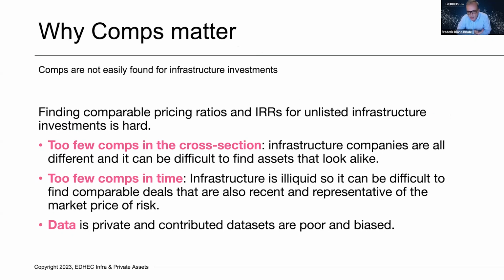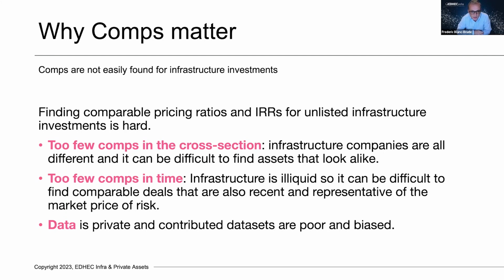So assets that look alike and that trade at the same time or in a short window can be quite difficult to come across. And then the data itself is usually quite poor and often biased because it comes from contributed data sets, which have those typical biased characteristics, survivorship bias and selection bias, meaning that we don't get the right comps from a lot of the contributed data.